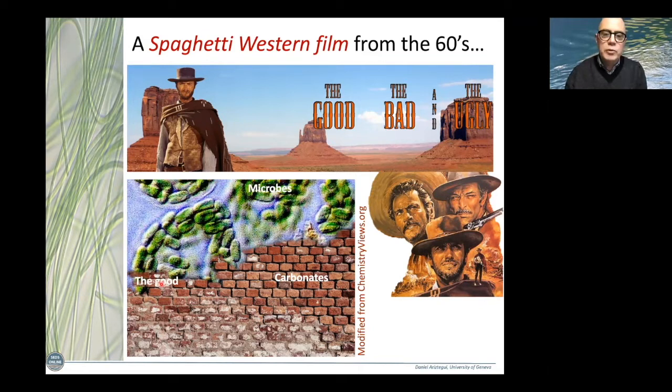They are the good ones. There are some others where they are destroying what has been built, and they are the bad. And then there are some others in which it's very difficult to say whether they are bad or good. And this is the ugly for us as geologists, because it's very difficult to figure out what is going on.